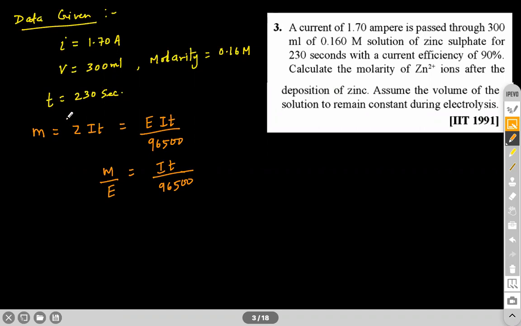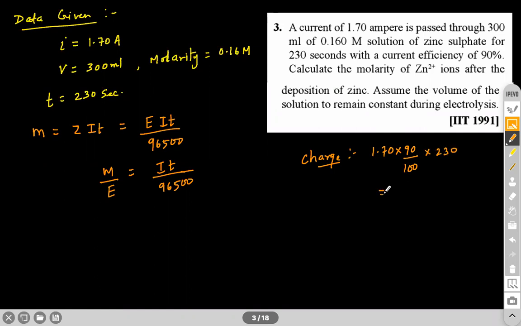One more thing here: it says 90% current efficiency. So the charge that passes through equals 1.70 current, but 90 by 100 of this, which is the actual current passing through, for 230 seconds.